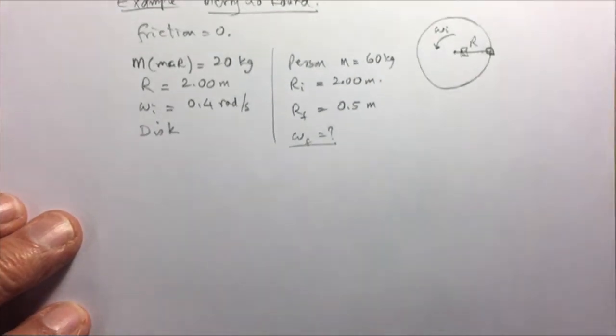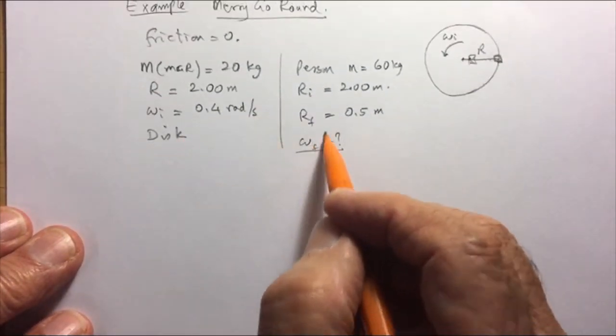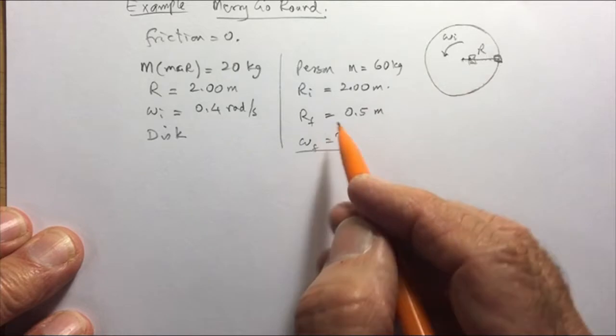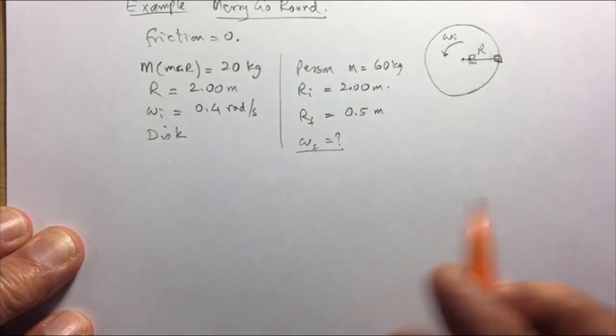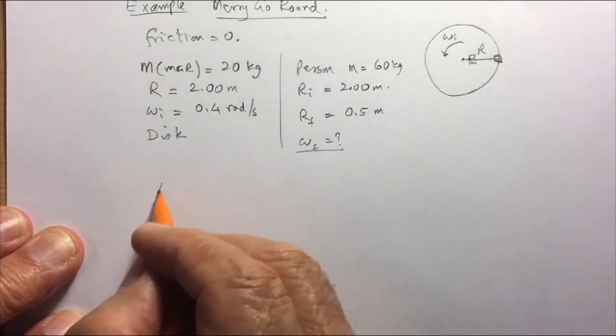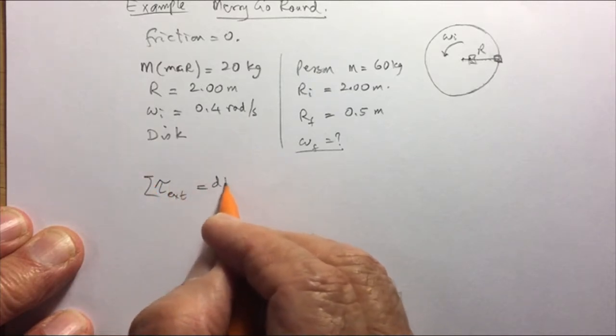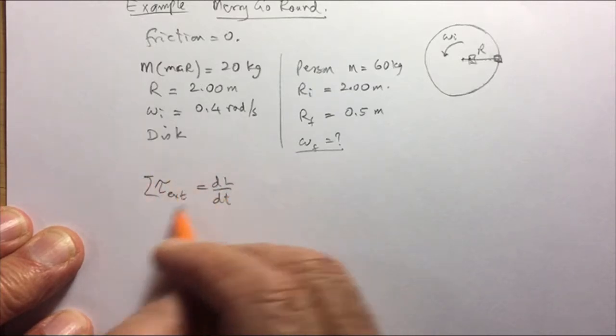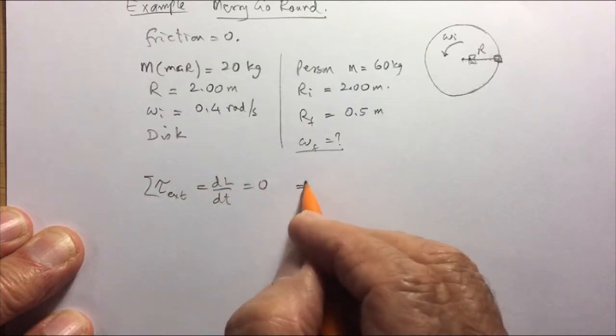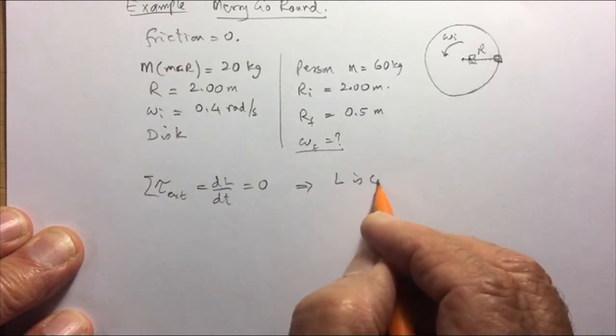Now, because of the change in the position of the mass, the I will change, and since there's no external force, the net torque is equal to 0, which means that L is constant.